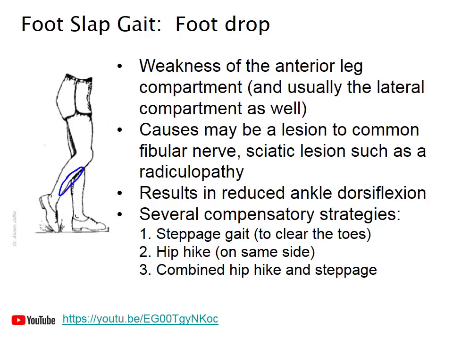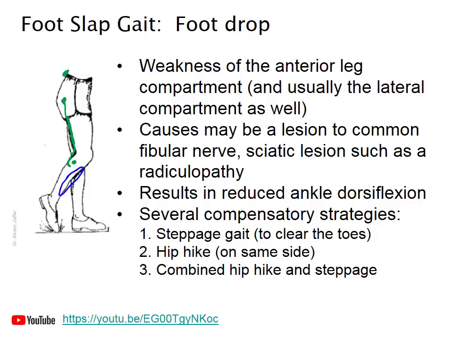So this occurs when there is a compromise of the common fibular nerve going around the fibular head, or if there's a compromise of the sciatic nerve posteriorly, either somewhere in the posterior thigh or in the popliteal fossa, or at that split where it splits into that common fibular nerve, or more proximally either near the piriformis or in the low back.